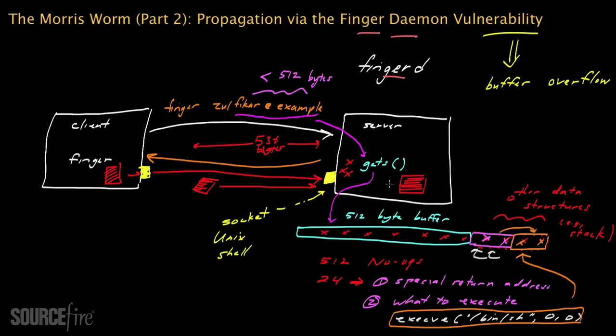In this manner, the Morris worm could propagate over the network via the finger daemon. This exploitation of the finger daemon was just one of several different mechanisms used by the Morris worm to help it propagate. I thought it was a very clever exploitation of a technical vulnerability, and it is considered among many to be one of the more noteworthy features of the Morris worm.